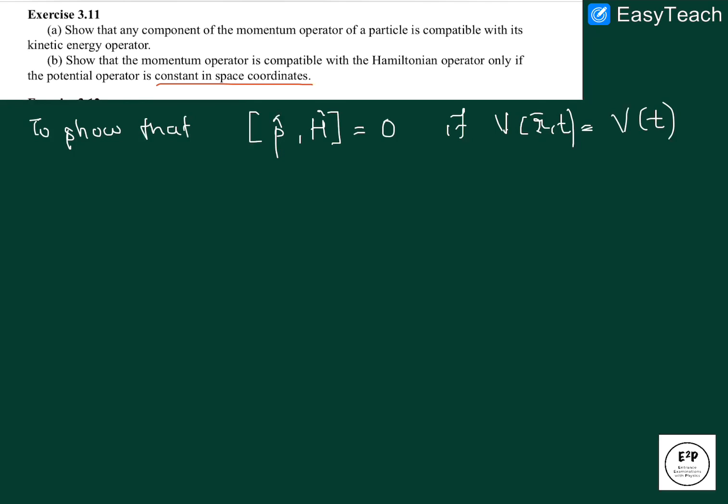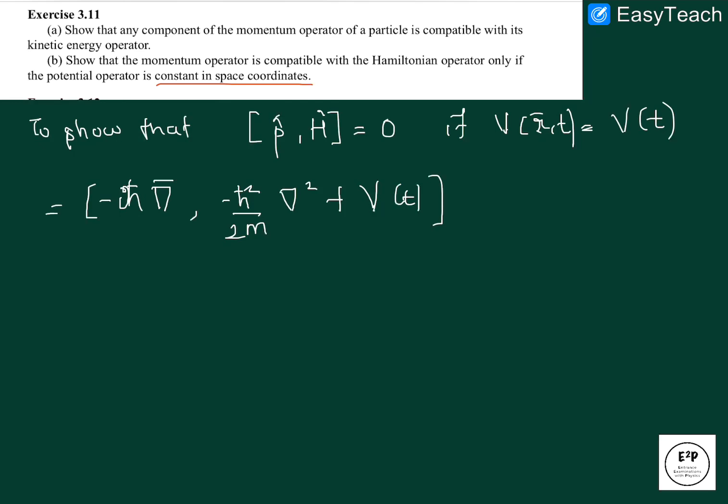Now, what is the momentum operator? In the position representation, I can write my momentum operator as i h cut into gradient and my Hamiltonian as minus h cut square by 2m into delta square plus V of t.